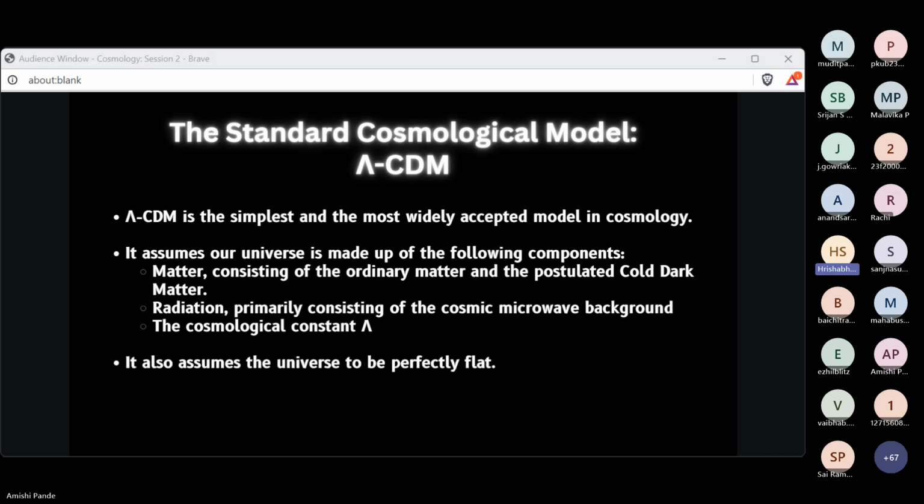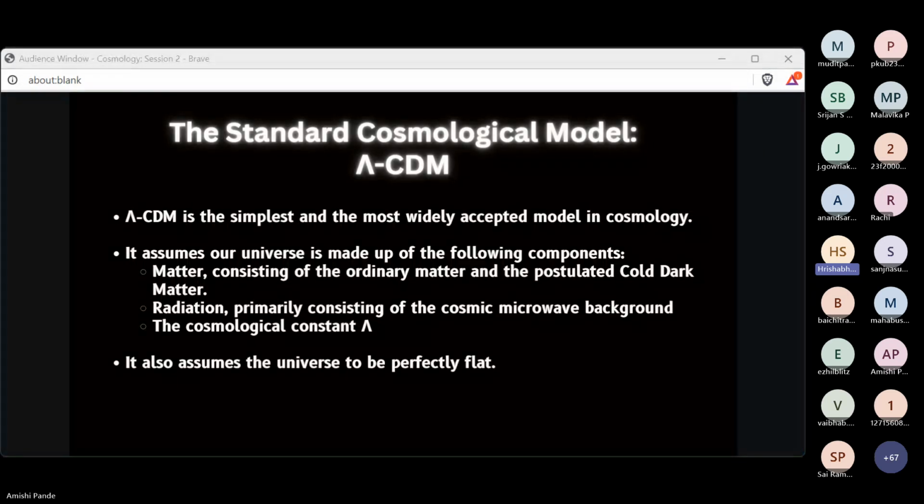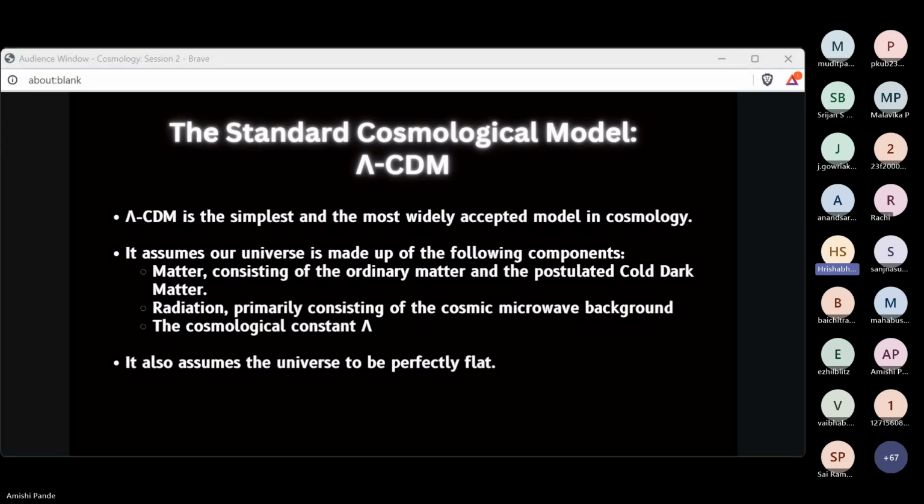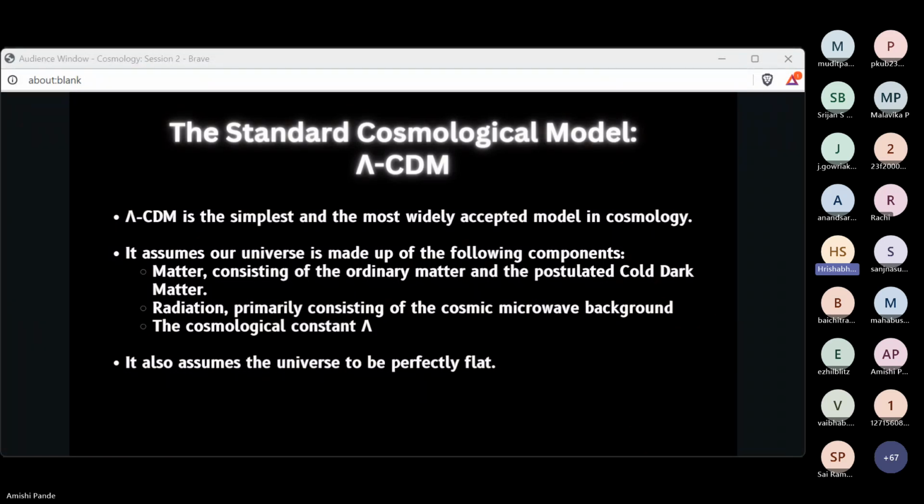Before that, I just want to mention that the standard model of cosmology is known as the lambda CDM model. What this model simply says is that it is the most widely accepted model. It is the standard model. What this model assumes is our universe is formed of matter, which consists particularly of cold dark matter. CDM refers to cold dark matter, and lambda is the cosmological constant.